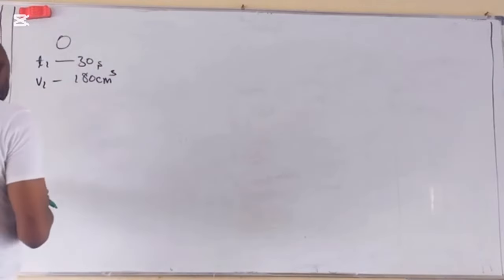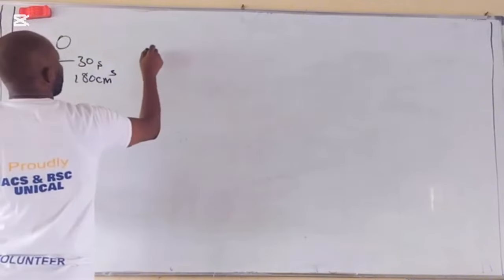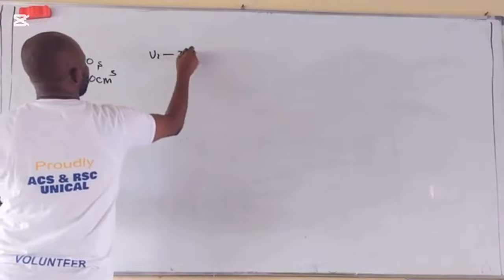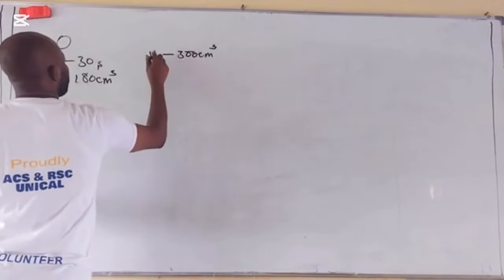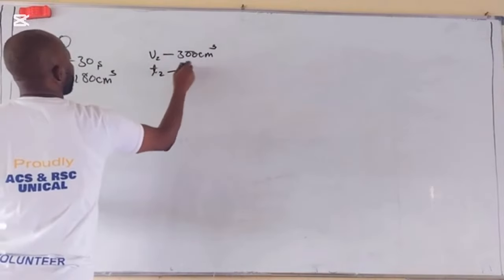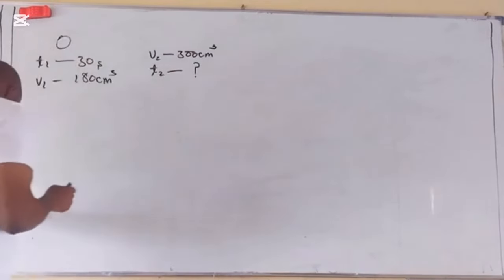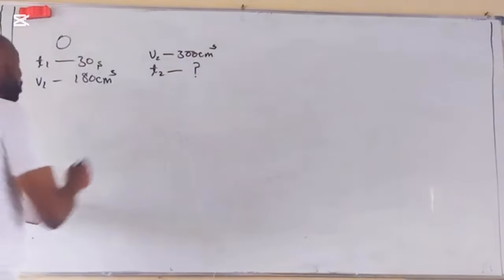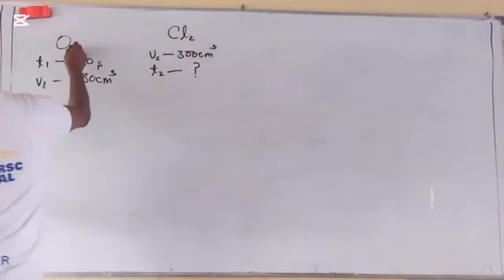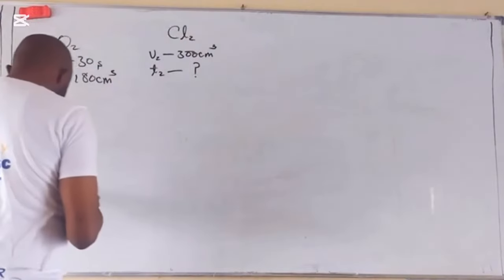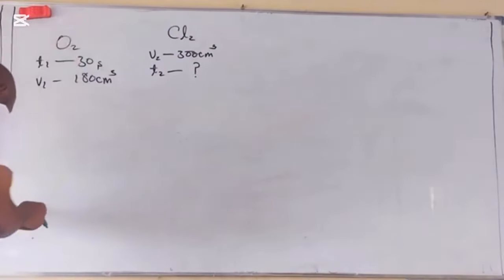How long will it take 300 cm3? Sorry, this is V2, 300 cm3. T2 is the time they are asking of us. How long will it take chlorine, the second gas, to diffuse through the same plate?